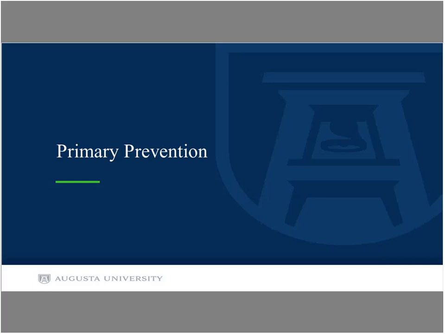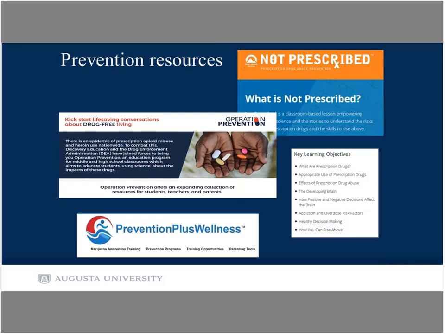In terms of approaching it from a public health perspective, one area that we would need to focus on is primary prevention, and these are just a few of the prevention resources that are available, primarily for schools, for younger people.